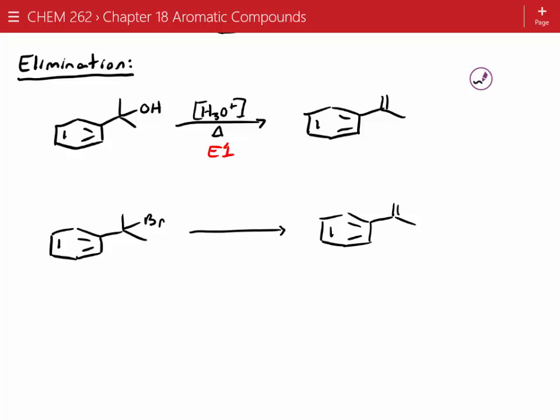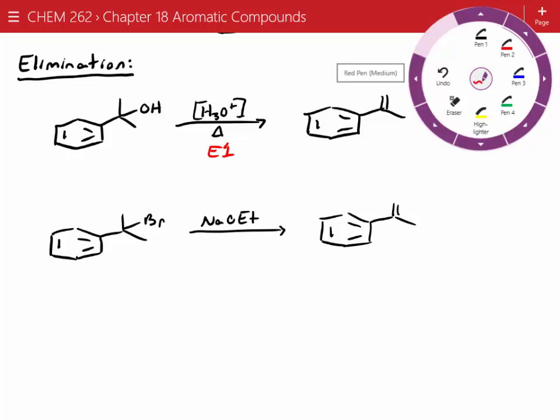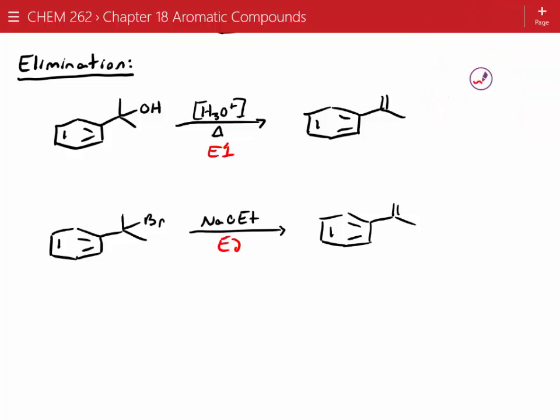Any strong base, right? In this case, I would use a really strong base. I'm just going to arbitrarily pick sodium ethoxide because it's cheap. And then we can drive an E2 elimination reaction for benzylic positions in order to get our elimination product. Does that make sense? So this is all review from first term.